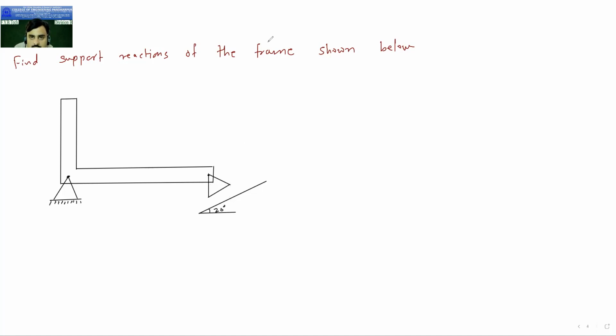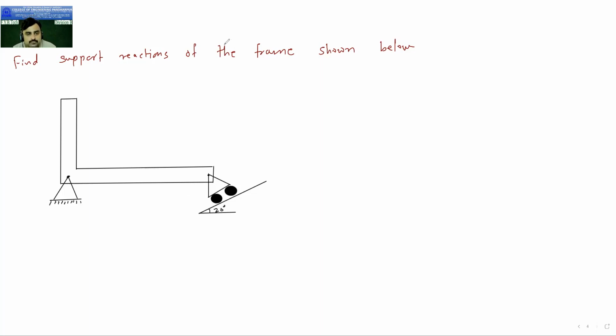These are the wheels of the roller. This is the roller support.